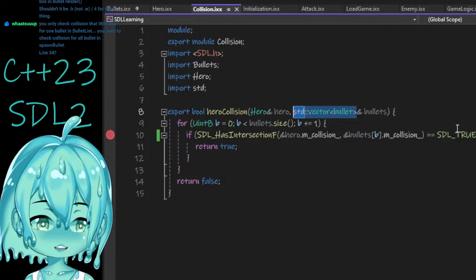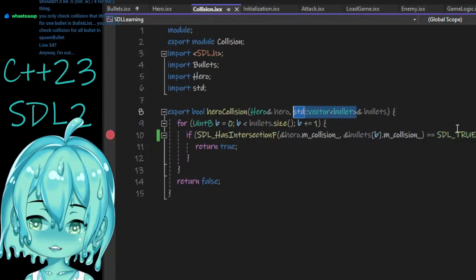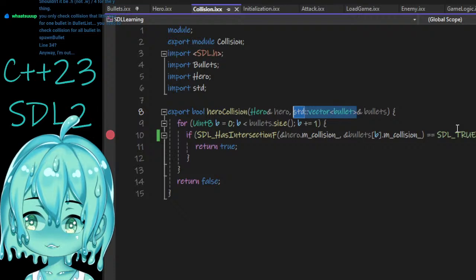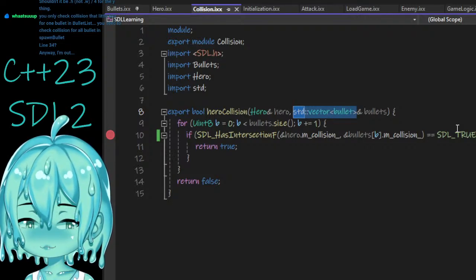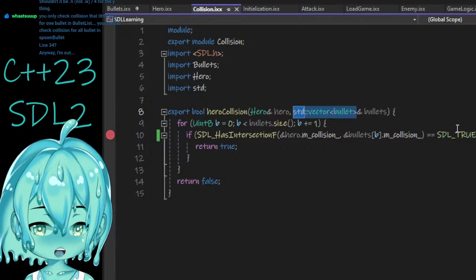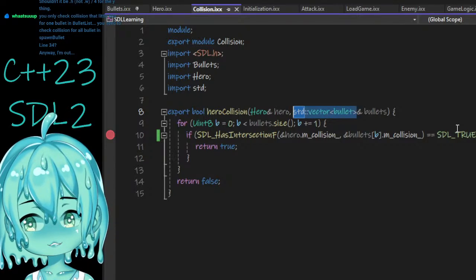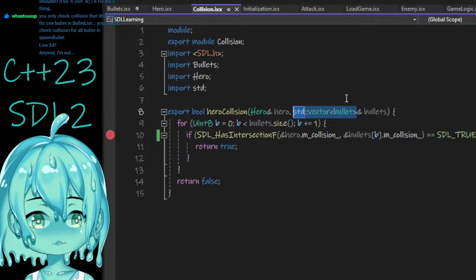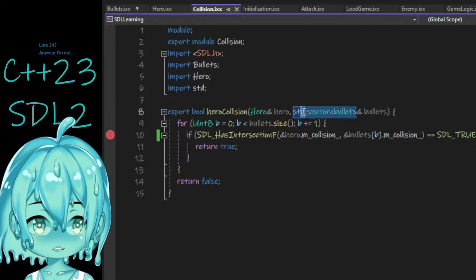Is it like an iterator issue? Line 34. Or are we rendering? No, bullet list isn't gonna be the thing we do, right? The address of vector.